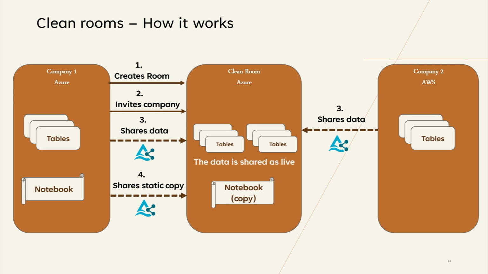And then I say that now she's going to be able to run some code on my table. And then we can join each other's tables together. And this is important: this is a static copy, meaning if I share this notebook, it will be a static copy. So if anything changes, if I want to add more, I have to do that in my workspace and then re-share it. The reason for that is that clean rooms are supposed to be a lot more secure than the previous demo that we did.